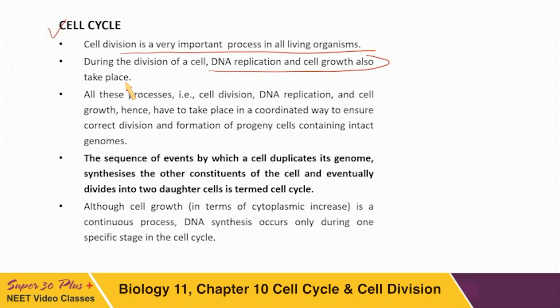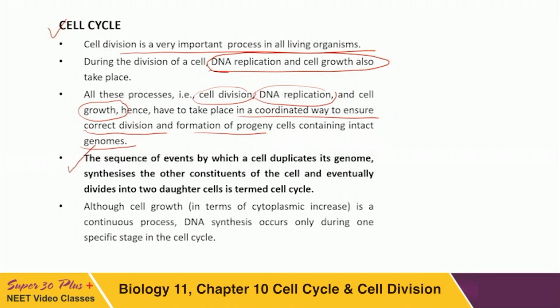All these processes, cell division, DNA replication, cell growth, take place in a coordinated way to ensure correct division and formation of progeny containing an intact genome.